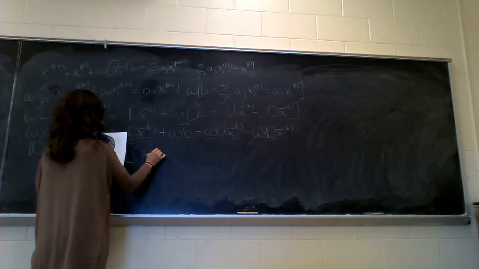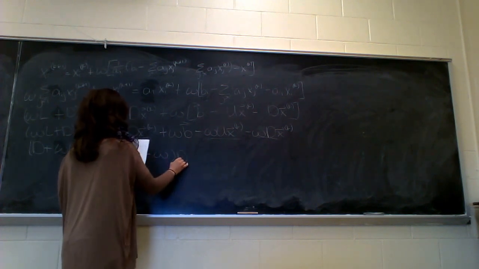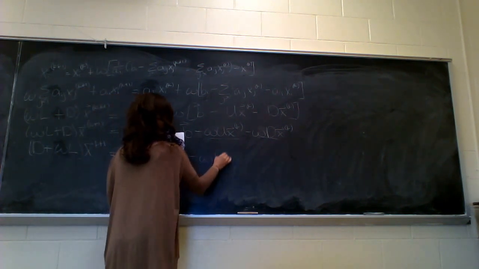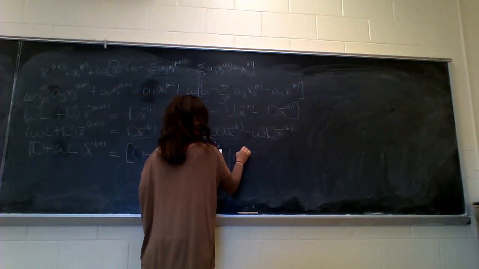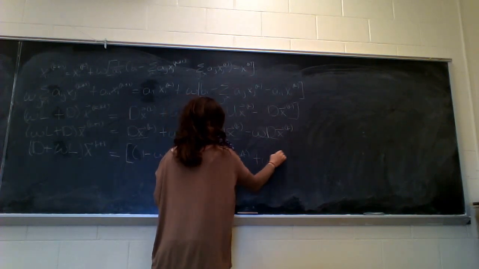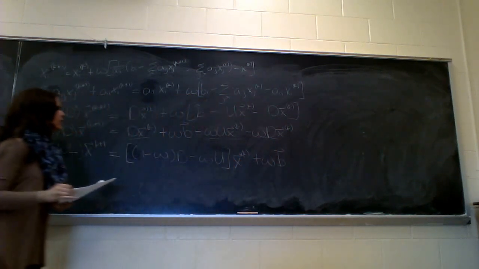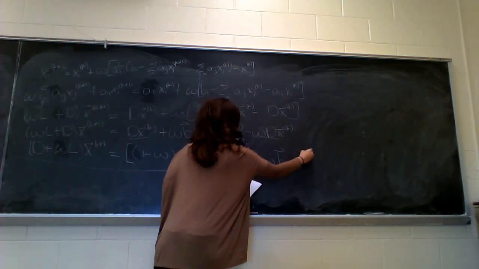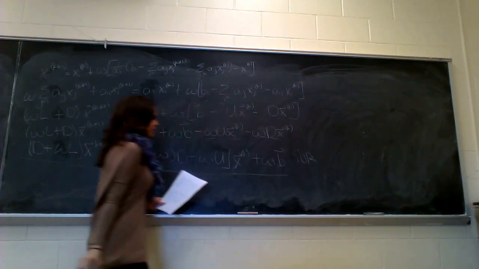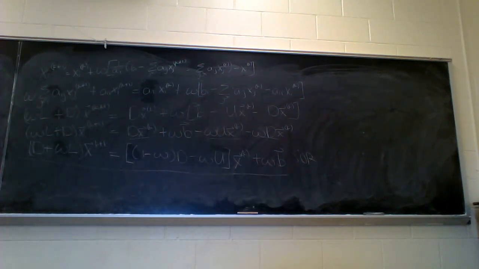So we'll get (1 minus omega) times D minus omega U, and all of that is multiplied by x^k, and then we have omega times b at the end. So this right here is our SOR iteration. And so, like I said before, by introducing the parameter omega, it just helps us go further along in that search direction than Gauss-Seidel would have originally called for.